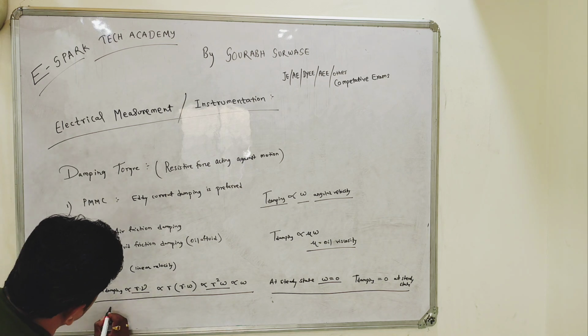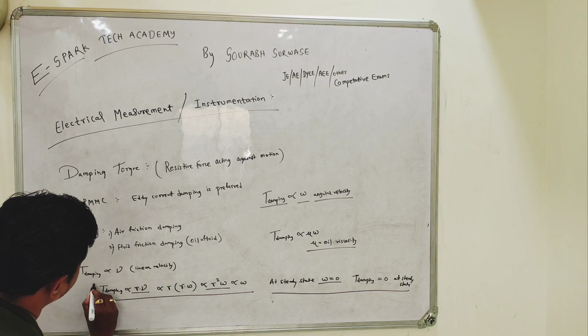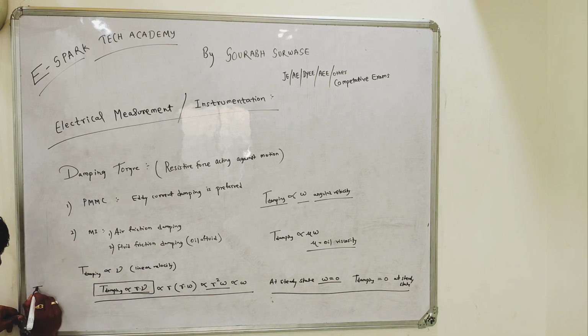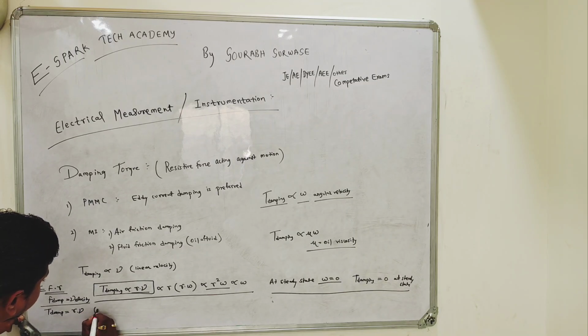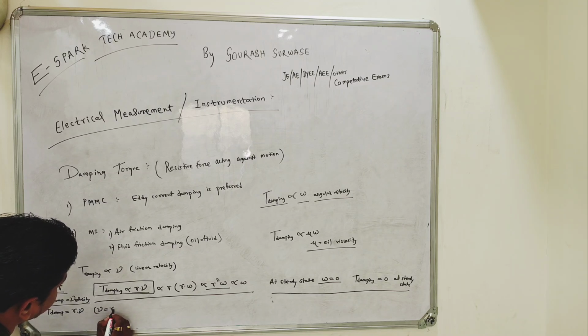As the basic equation, torque is nothing but force into displacement R. The damping force will be proportional to velocity. Hence we are taking T damp is equal to R into force, and your velocity will be again R into omega.